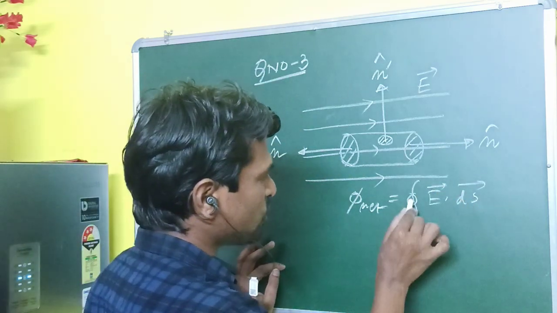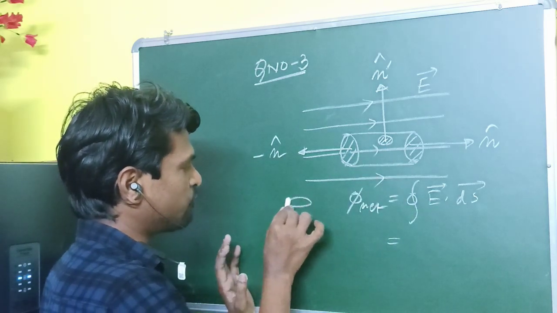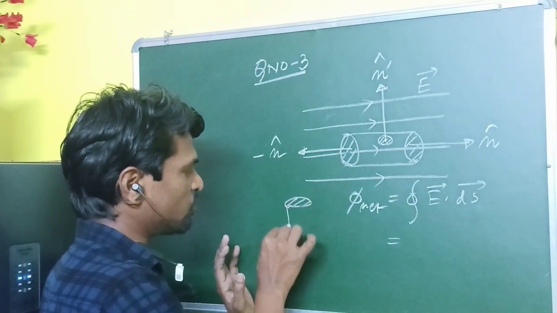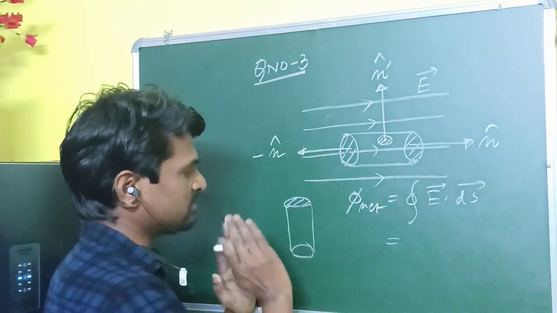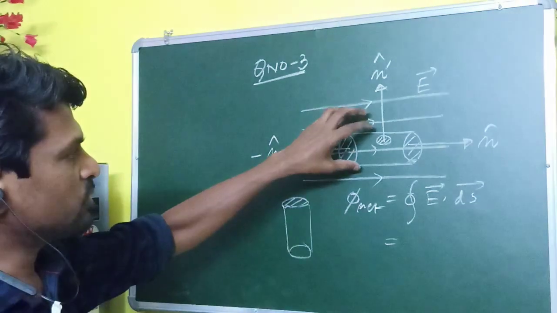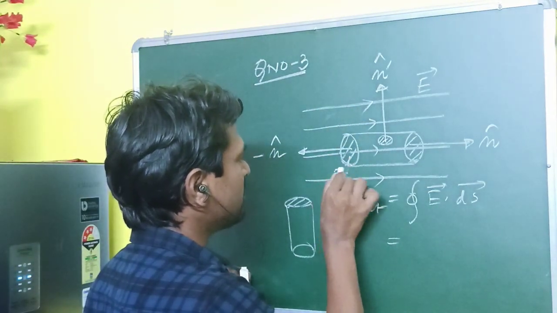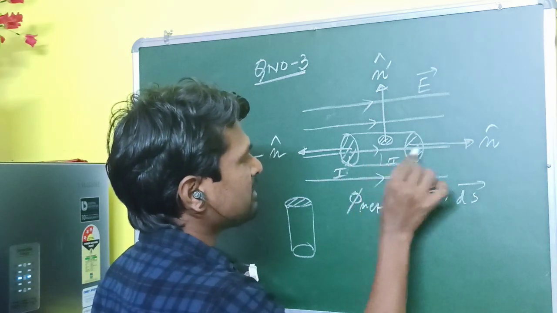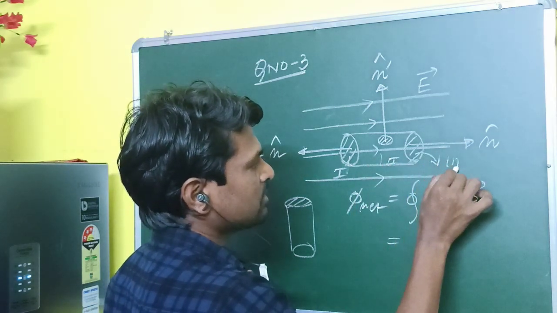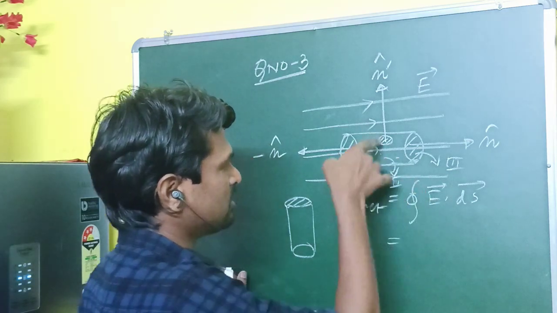The closed integration over the cylinder is formed with a circular surface, another circular surface, and a curved surface. So three surfaces are there within that cylinder: this is 1, this is 2, and this is 3, the curved one.